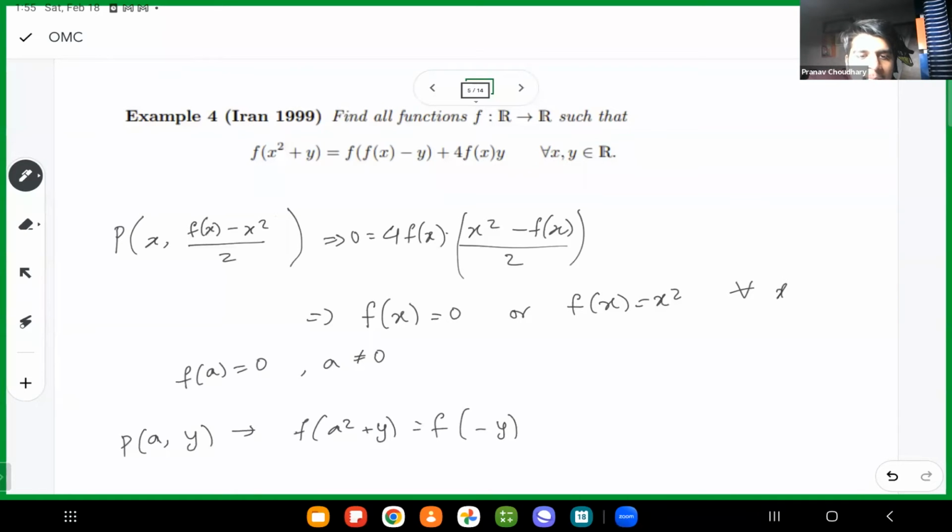So now if one of them is 0, then the other should be 0 also. And if let's say one of them is not 0, let's say f of minus y is y square, then a square plus y should also be y squared. Just assume y is not 0, this is the obvious case. Then it has to be a square, and this will give you y equals to minus a square by 2.